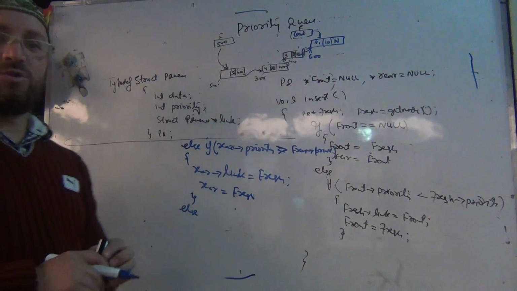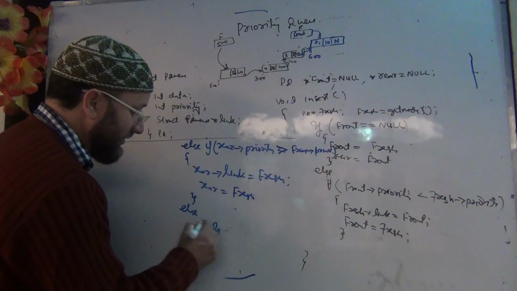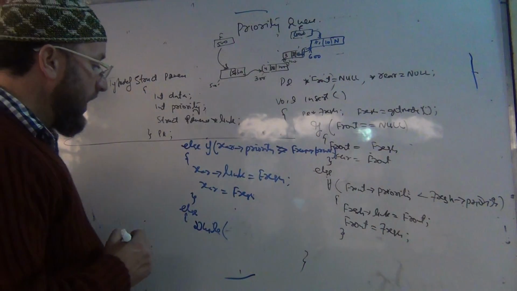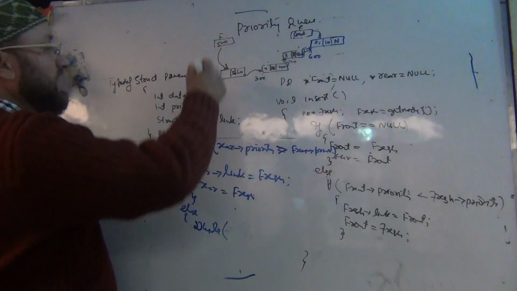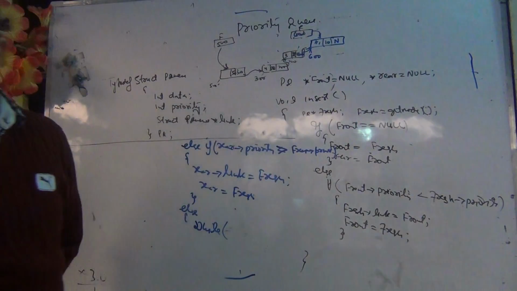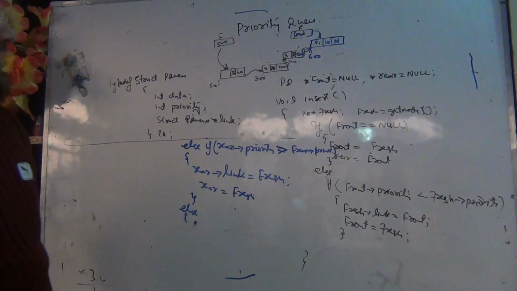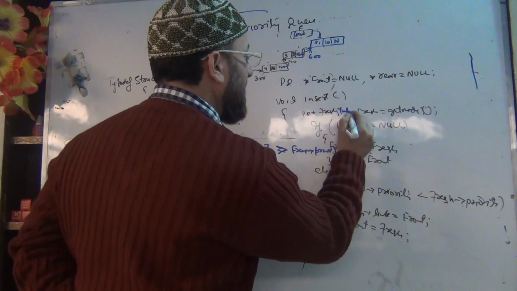So what should I do? Maybe I will use a while loop in this else part. I need a PQ asterisk fresh and also temp.